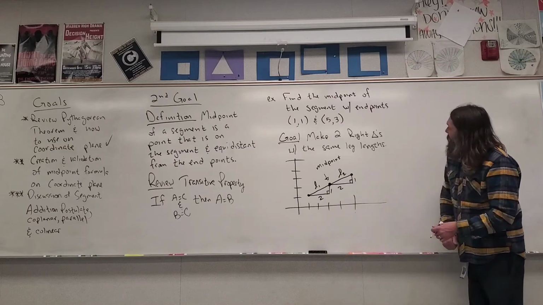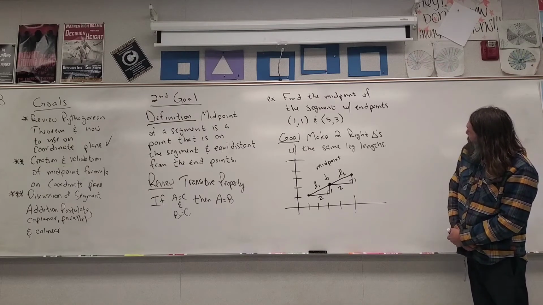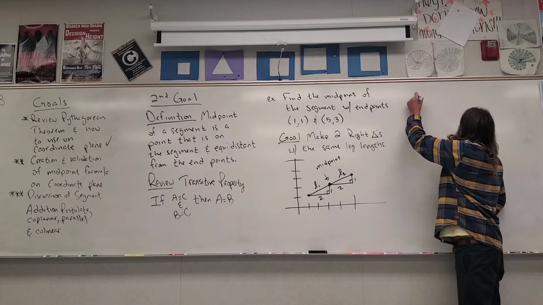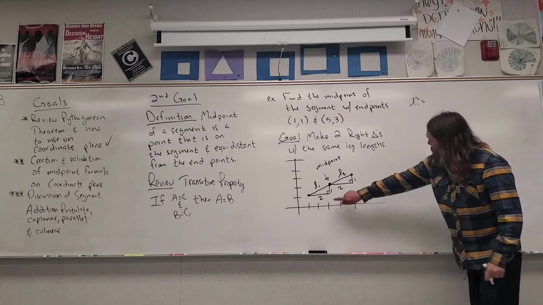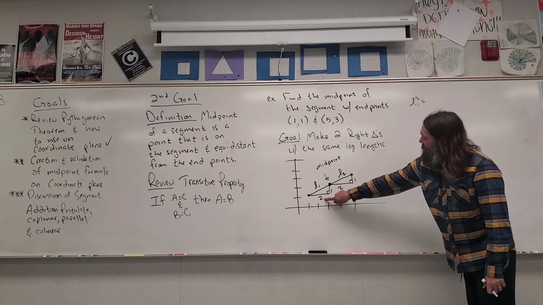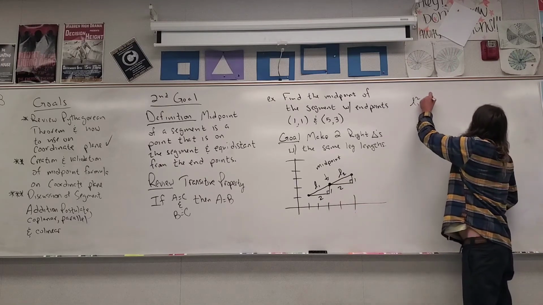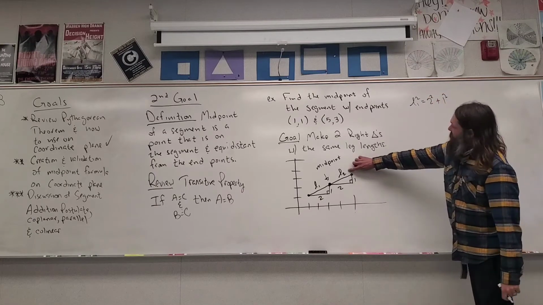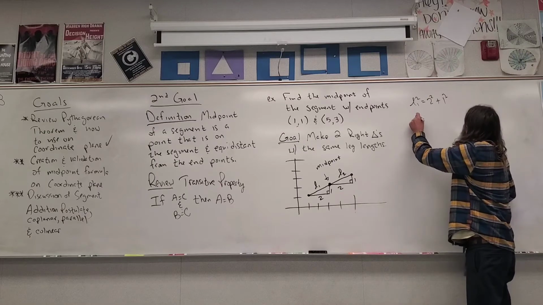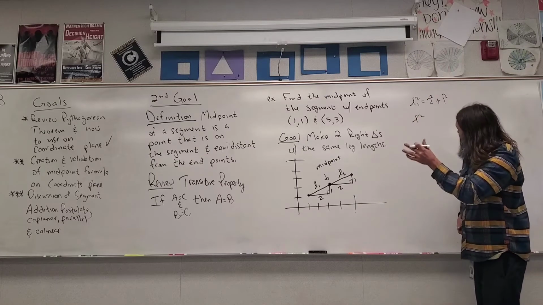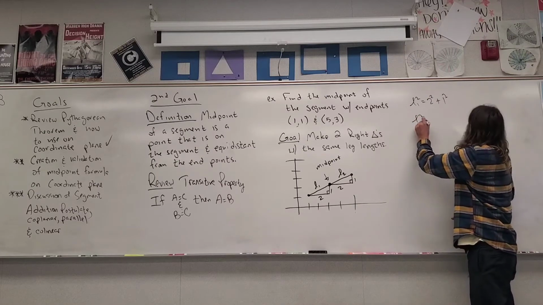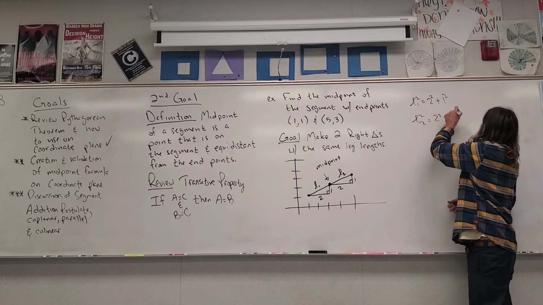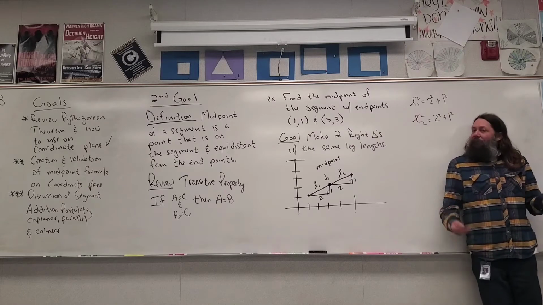Length 1 squared is equal to the length of my legs squared, so it's going to be 2 squared plus 1 squared. And in the Pythagorean theorem, length 2 squared is equal to 2 squared plus 1 squared.